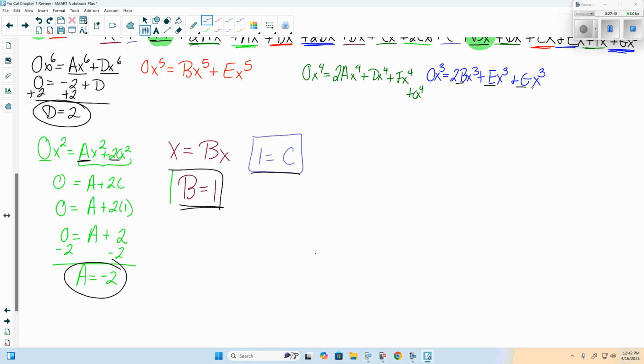If we looked at our x to the 4th, we have A, D, F, C. At this point, I do know A's value. I know D. I do not know F, but I do know C. So how many am I missing there? 1. We can solve that.